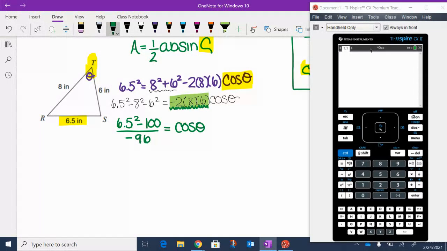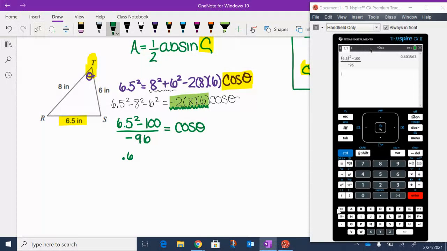So I could individually type in 6.5 squared and get 42.25. You could type all these in, but I just didn't feel like typing it in on the calculator immediately. So here, I'll set it up. So 6.5 squared minus 100 over what I divided, which was that -2 times 8 times 6, right? Which is 96. Okay, so this is what I have equal to my cosine.